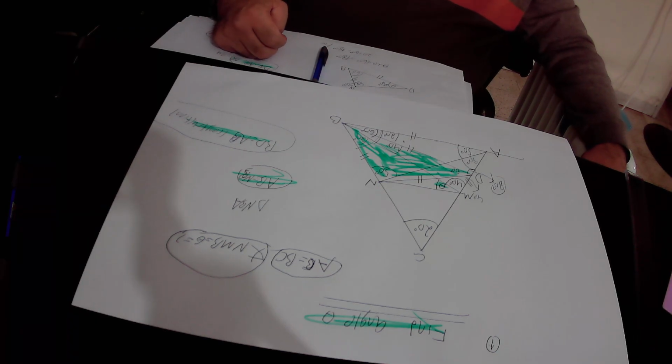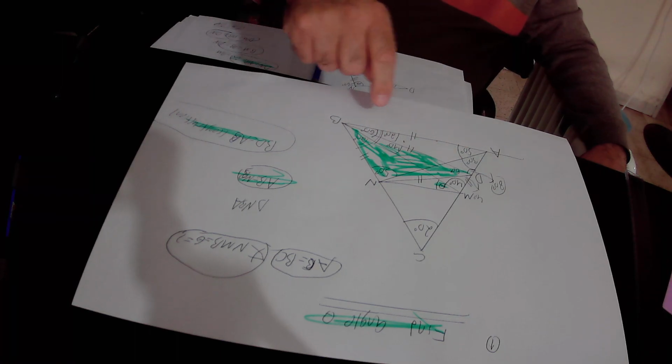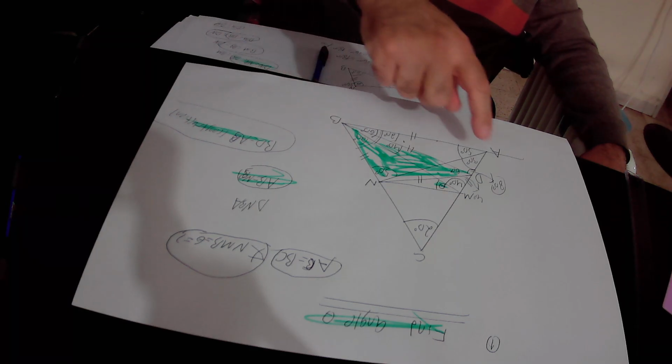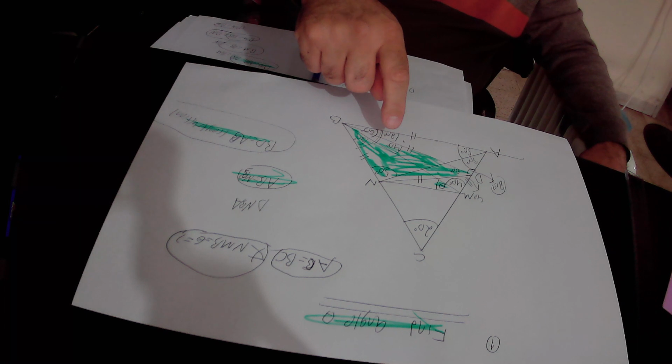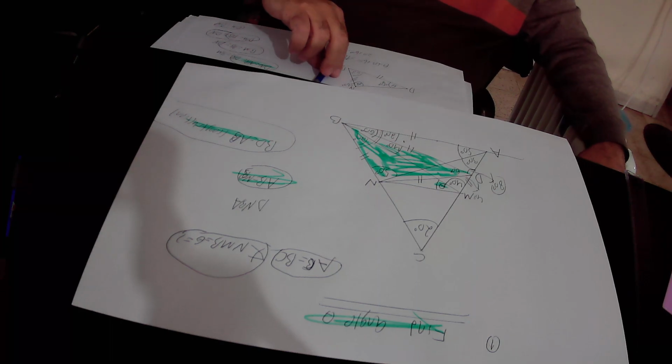So here we have angle MBA equals 60 degrees. The big angle of 60 degrees minus the small angle DBA must be equal to the missing angle MBD. So 60 degrees minus 20 degrees is 40 degrees.